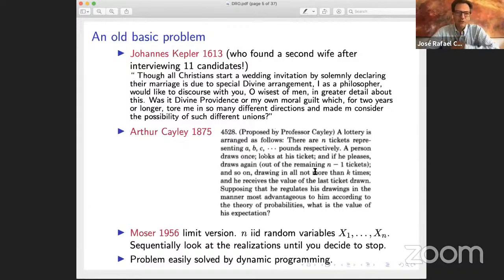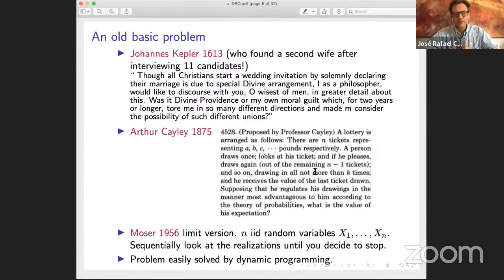But let me tell you a little bit of the history of the secretary problem in particular. I guess the first reference to this problem comes from Kepler in 1613. Kepler's wife had passed away, and he was looking for a second wife, and he writes this very interesting letter that I invite you to find easily online, in which he tells his story about finding a second wife. He set up a very methodical process.